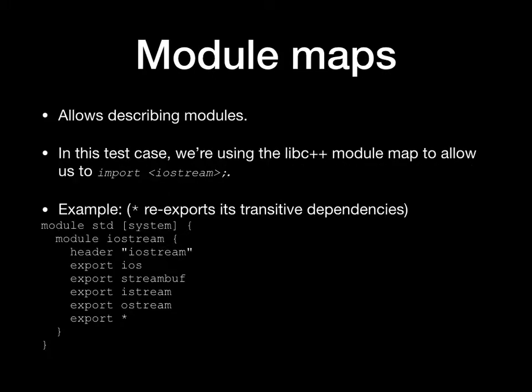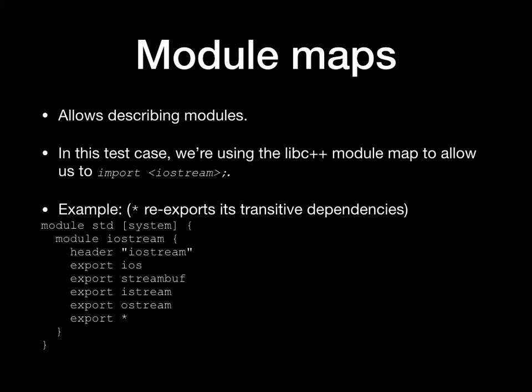So module maps are a very important part of the modules proposal and the modules implementation in C++20 because they allow us to approach the modularization of our codebase in a piecemeal way.